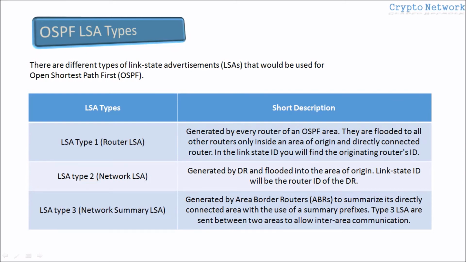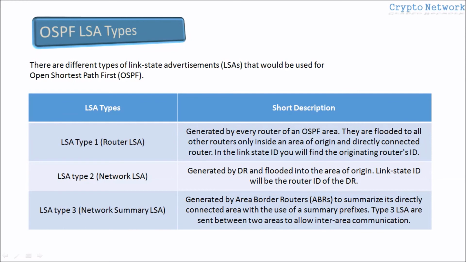Type 1 router LSA contains router links and states and is flooded into the area of origin, so within an area. Type 2 network LSA is generated by the designated router, lists all attached routers, and is flooded into the area of origin, within an area.